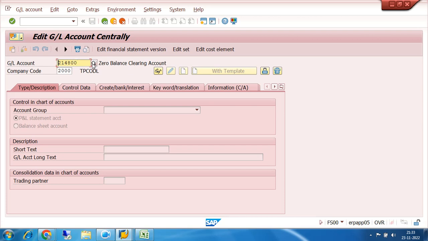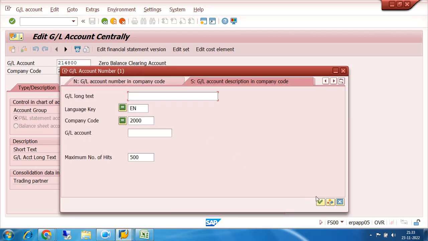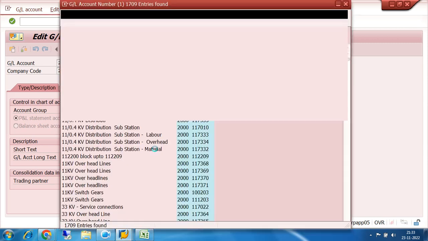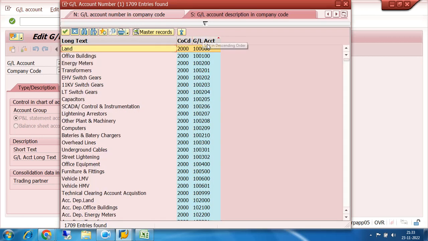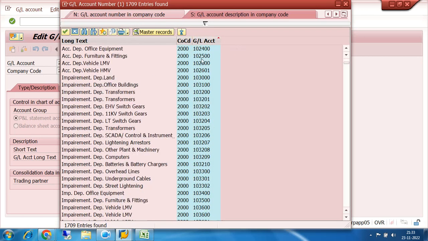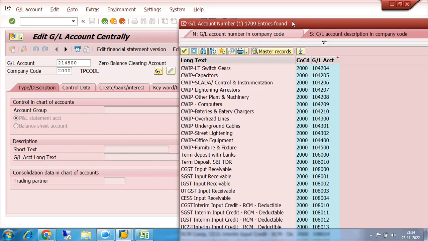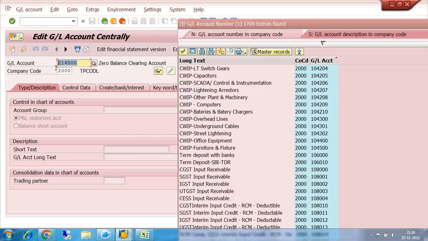In our organization, all the asset GLs start from 1 and all the liability GLs start from 2. So they have put it under the liability. But the most important thing is whether you put it under liability or asset, that doesn't matter. The balance is always 0.